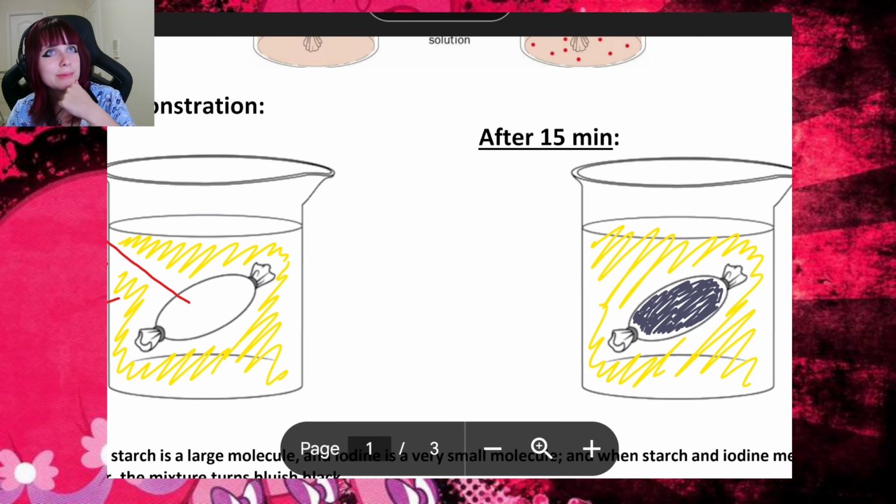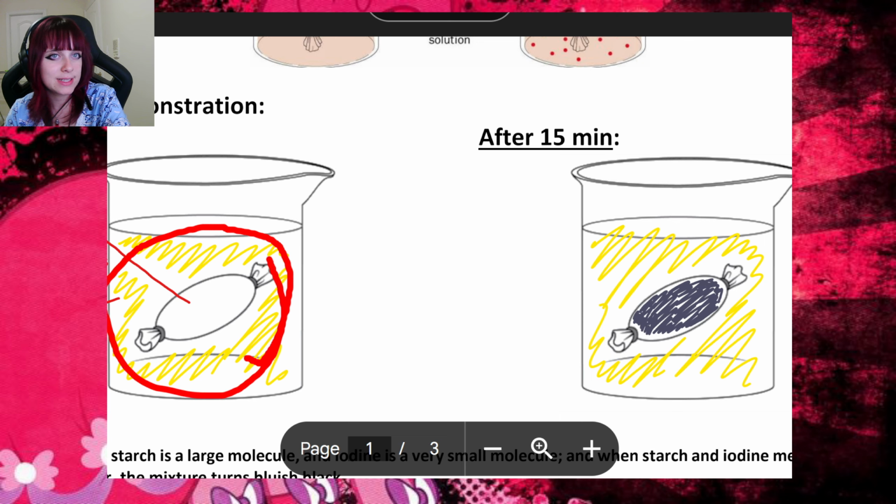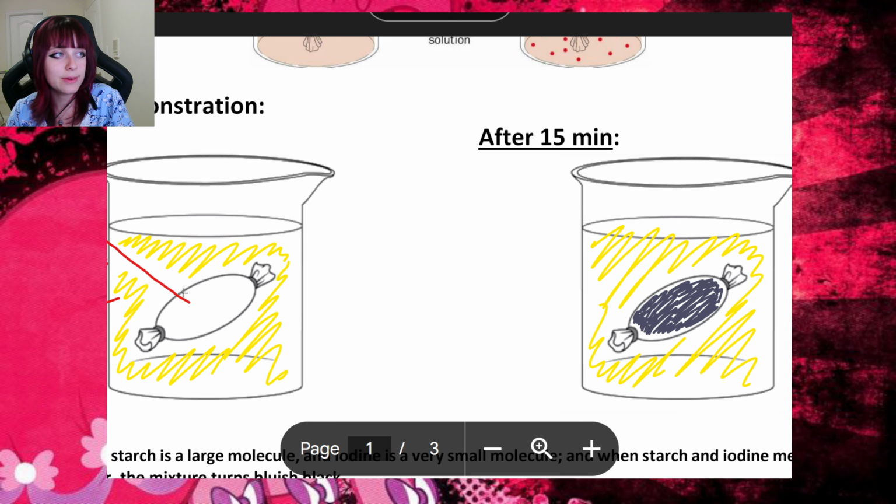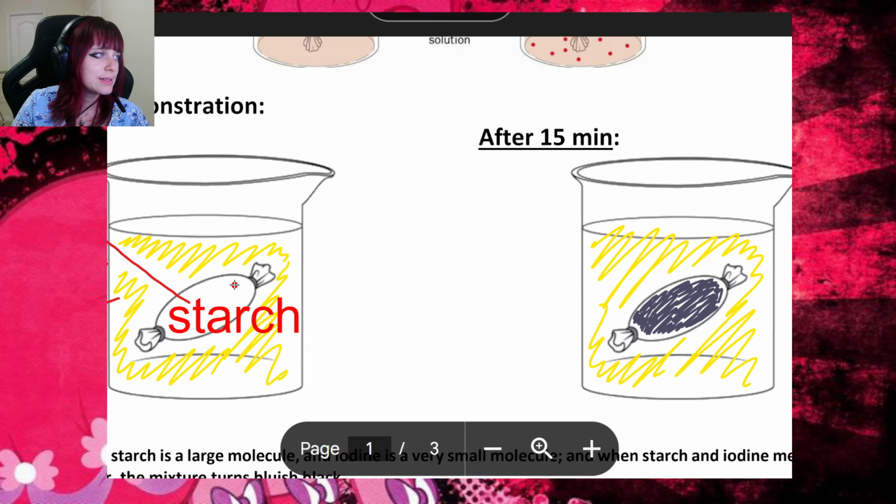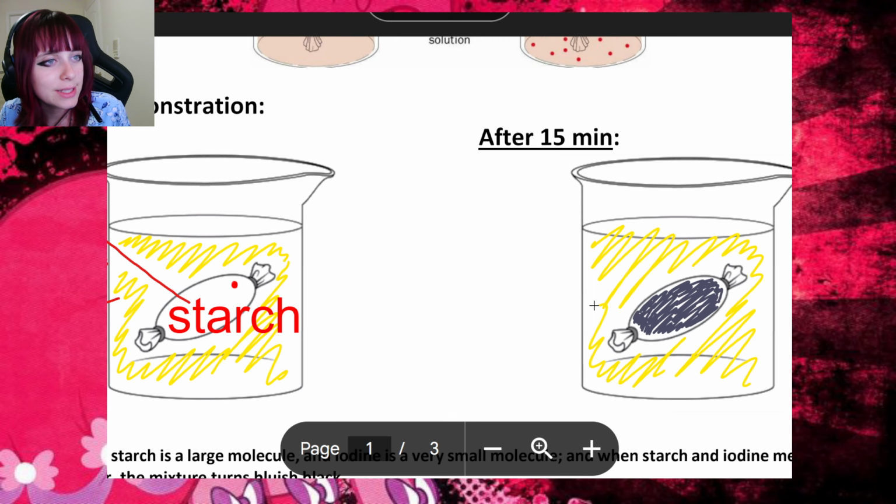And what we're going to do in this demonstration is we basically just had a starch solution, which was whitish, in here, and then we had a bunch of iodine surrounding it, and starch is white, right? So we have this starch right here. It's not cooperating with me, but starch is right here, and it's whitish.